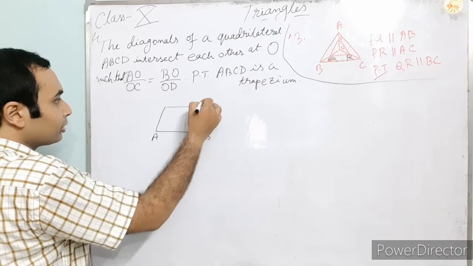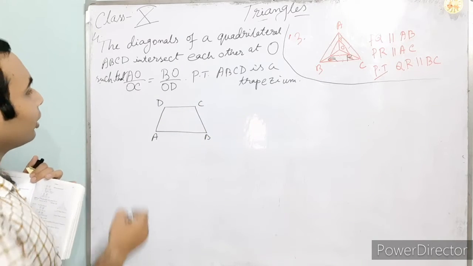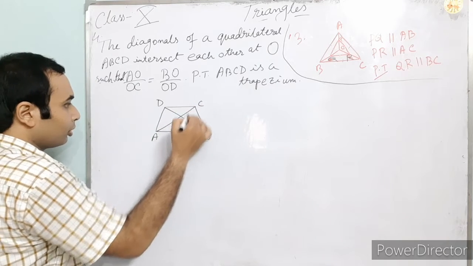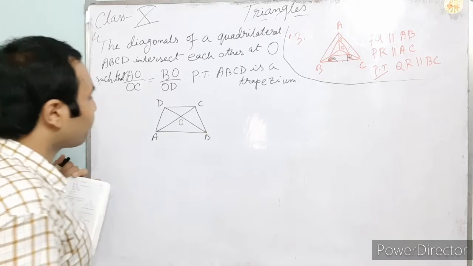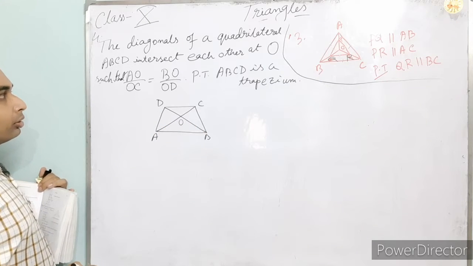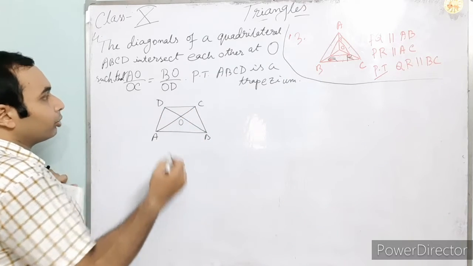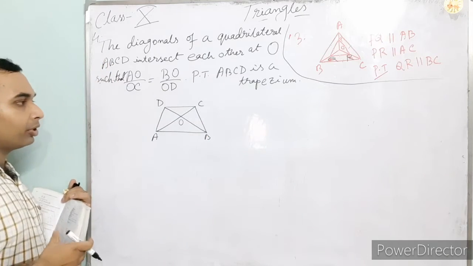A, B, C, D. Now the two diagonals are joined at O. What is given? AO by OC equals BO by OD. You have to prove ABCD is a trapezium.